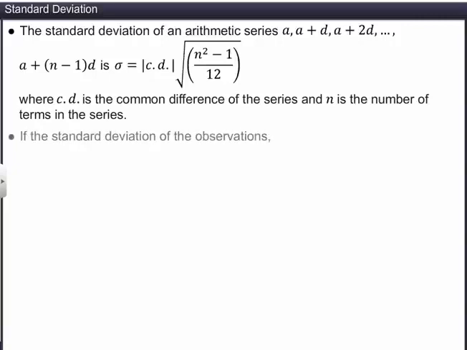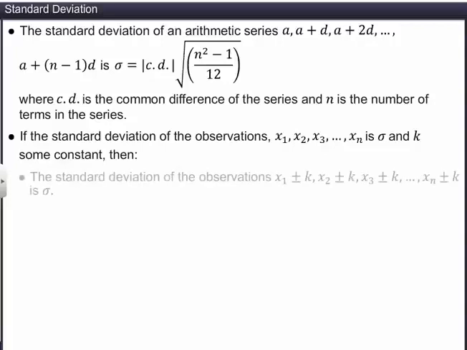If the standard deviation of the observations x1, x2, x3 and so on till xn is sigma and k is a constant, then the standard deviation remains the same, even if we add or subtract a constant to each of the observations.